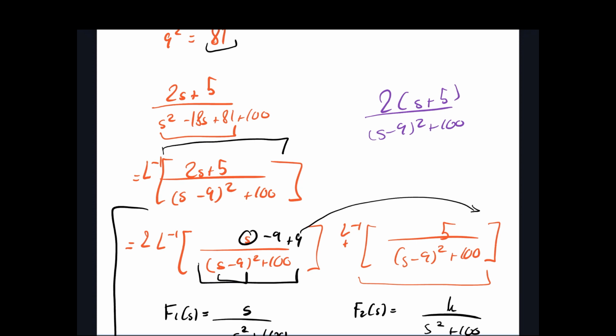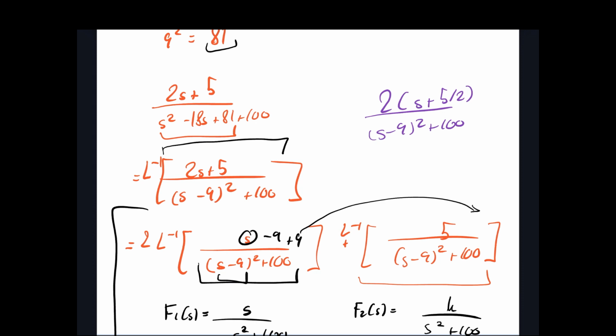And sorry, I didn't include the 5 over 2 here when I did this. So I could do something like that, completely factoring out the 2, just so I have the s on top. That's what I want, just the s on top, because we don't have any Laplace transforms with a coefficient attached in the numerator.